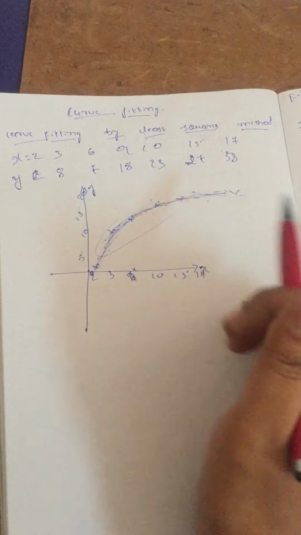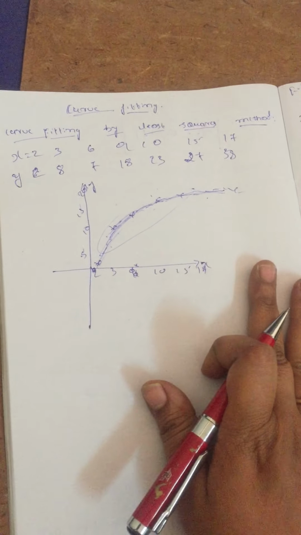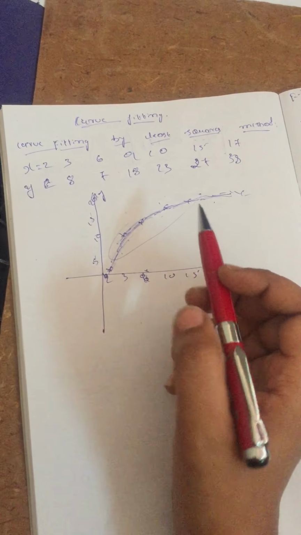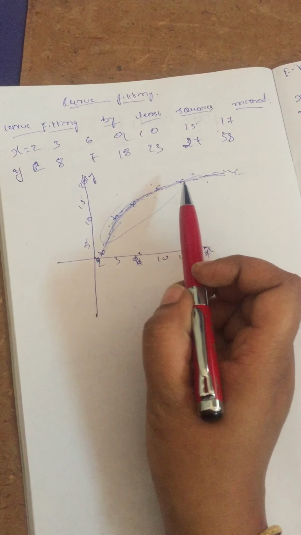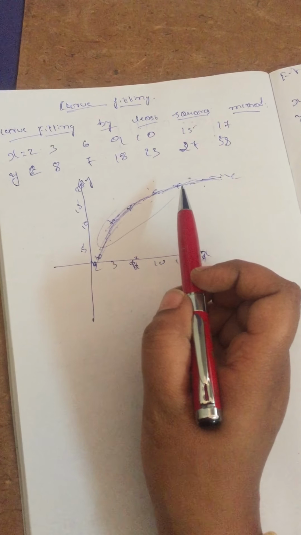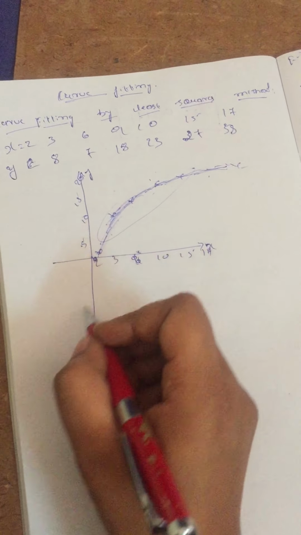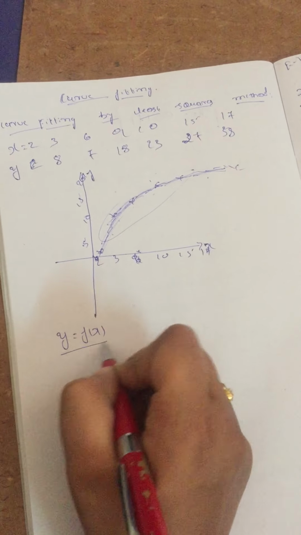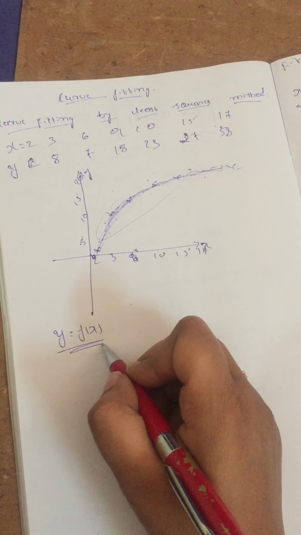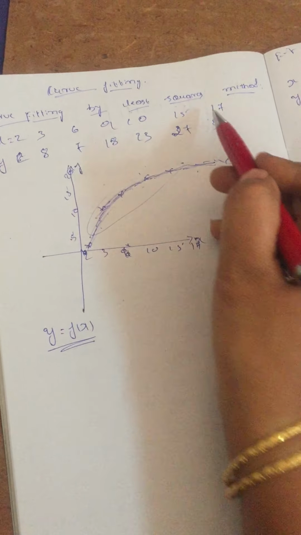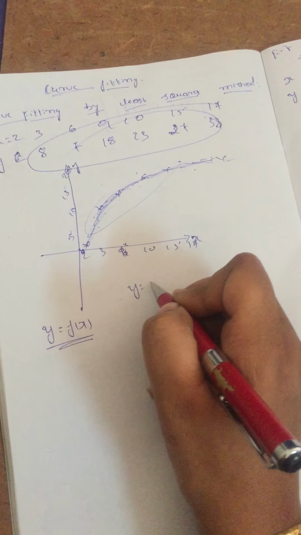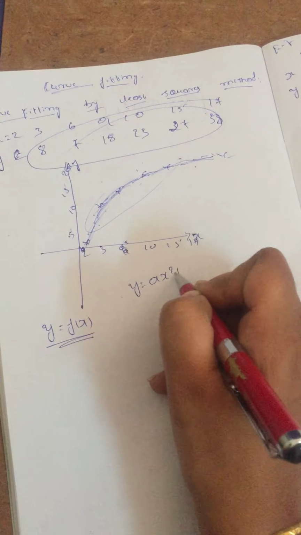In curve fitting, here we explain two relations. One is curve fitting by the least square method. Curve fitting is a method of finding a suitable relation in the form of y is equal to f of x for a set of observed values, for example in the form of ax square plus b.